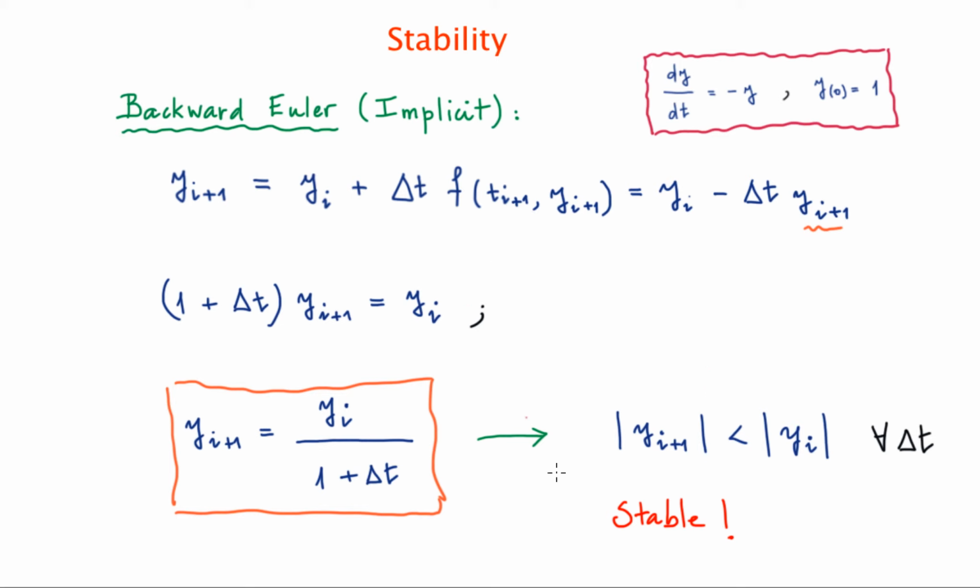So this method, as you can see, is stable for any time step you are considering. Of course it's a little bit more complicated, because we need to work a little bit deeper in order to clear from here the wave function evaluated at time i plus 1, while in the case of the explicit method it was more straightforward, but less stable.